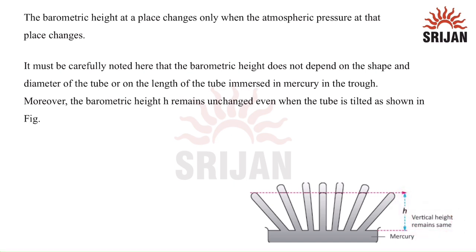Now you can see in this particular picture that the vertical height remains the same, even if the tube is tilted a little bit or more than a little bit. So by this I can easily conclude that the barometric height does not depend upon the size and shape or the diameter of the tube or on the length of the tube immersed in the mercury.